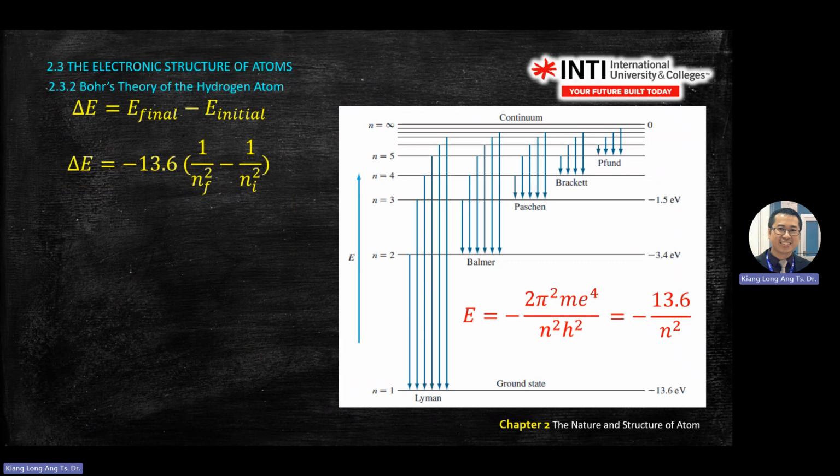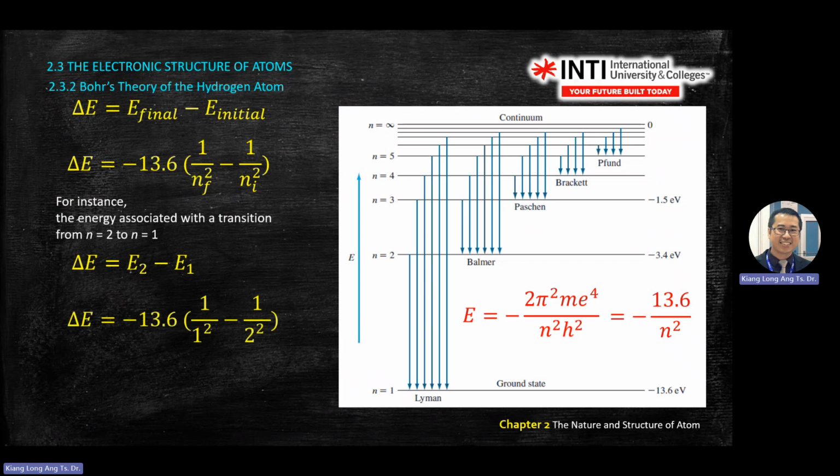Delta E equals E2 minus E1. This is just an illustration of how you calculate the energy. If it jumps from 2 to 1, it means you release energy. Release will get what? Negative.